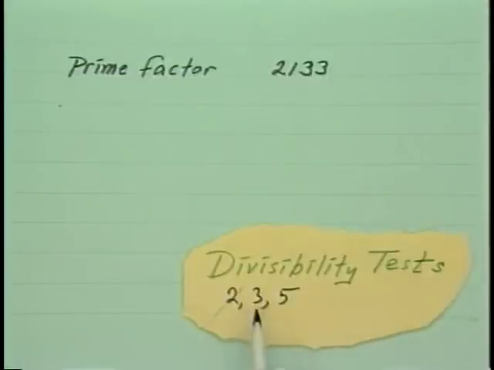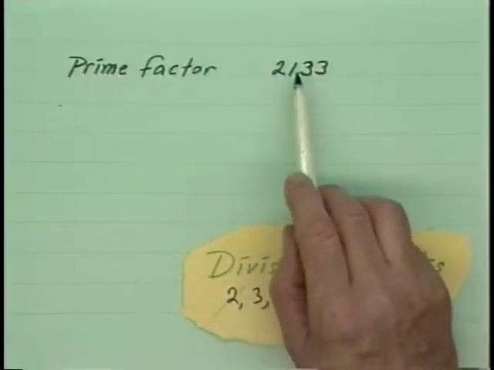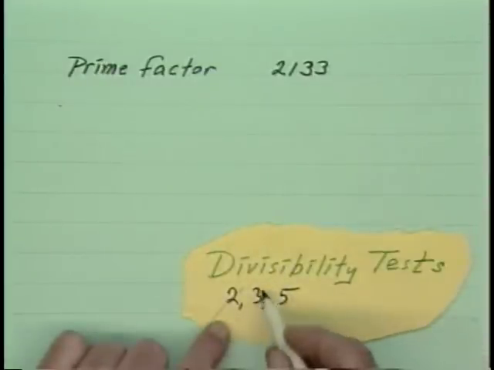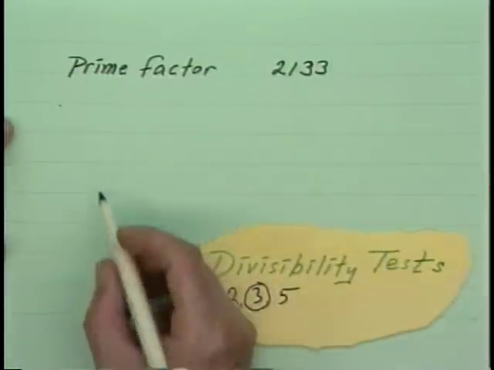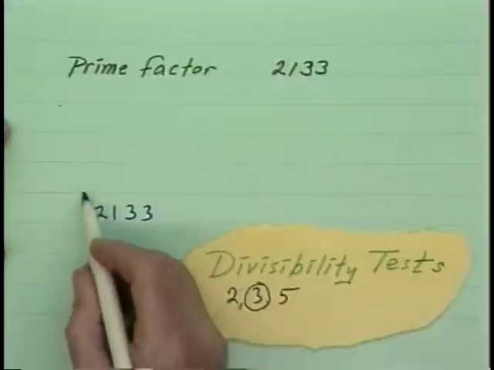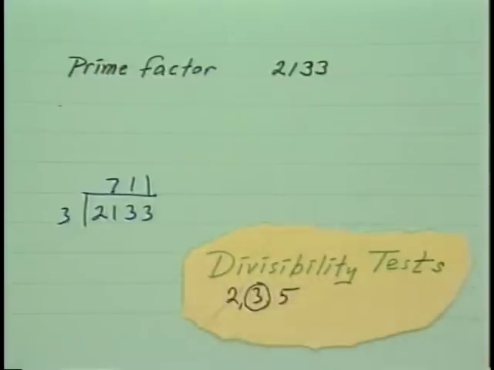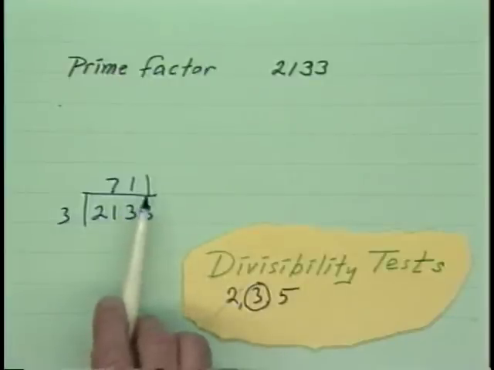Now, our divisibility test for 3 was to add the digits, so this is 3 plus 3 plus 3 is 9, which is divisible by 3, so that tells me to go ahead and divide by 3. And if I were to do it, I would get this as my second larger non-prime factor.